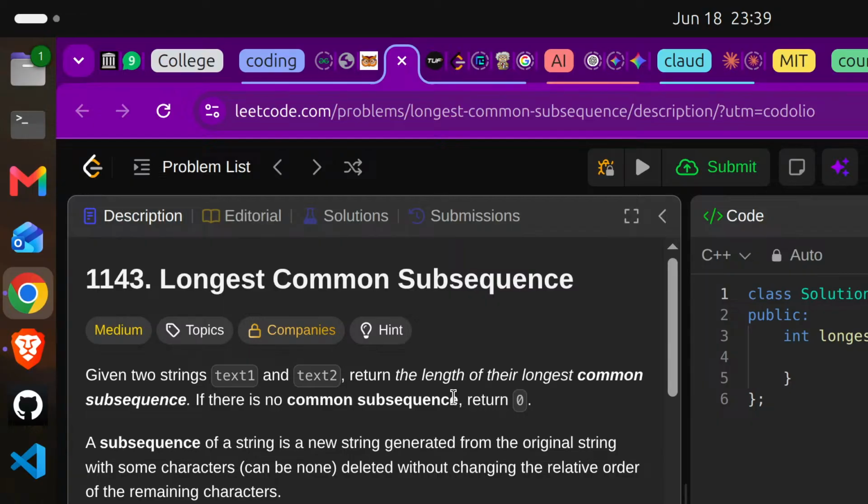Okay, DP of i comma j for this, right? And DP of i comma j like this. And if DP of i comma j is not equal to -1, return DP of i comma j, right?